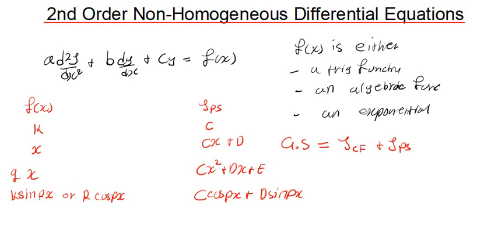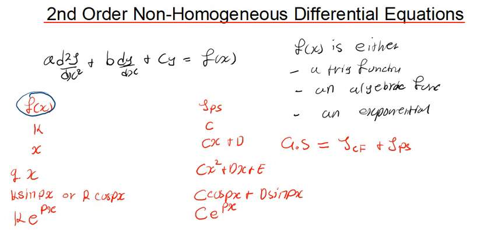The last one, let's say it is a constant multiplied by e to the power px. Our particular solution is going to be in the form c e to the px. These are just the formats. When you observe what your f of x is, you relate it to a particular solution.